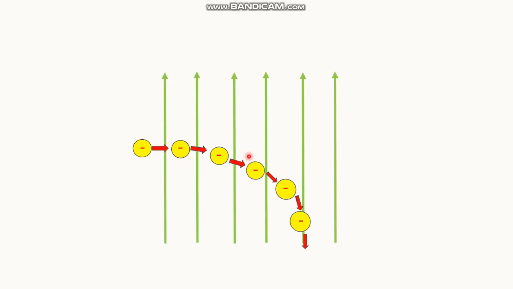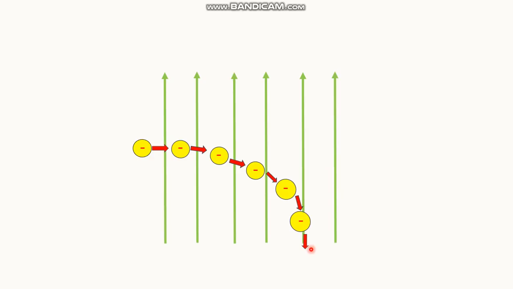So the tendency of this negative charge electron is to move downward, because the force exerted on a negative charge particle is opposite to the direction of the electric field.